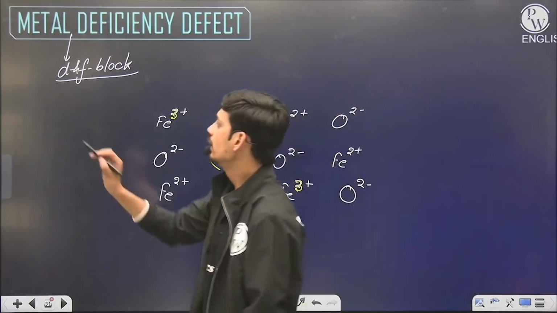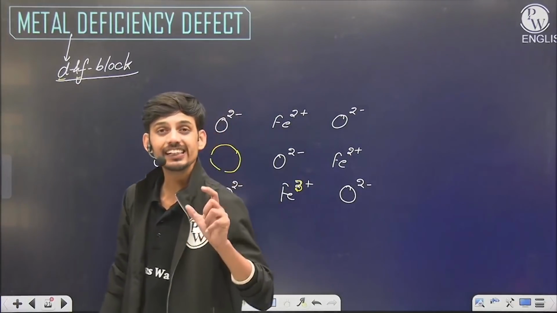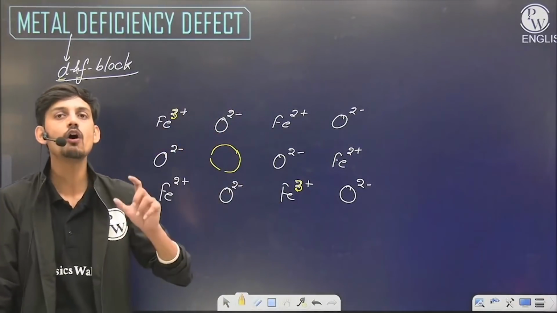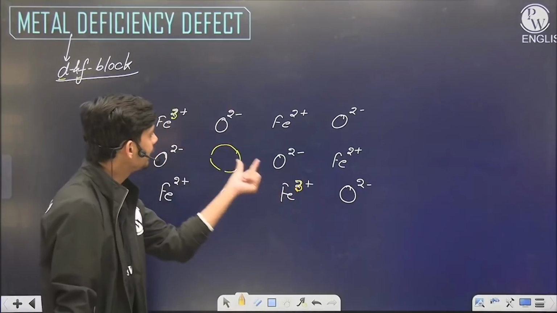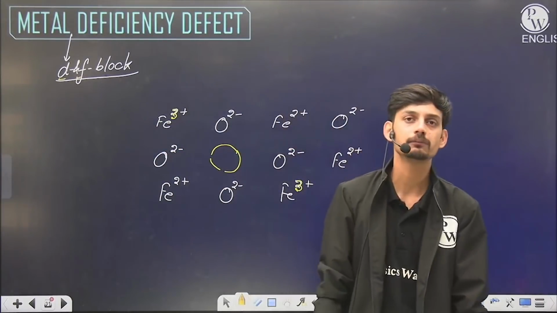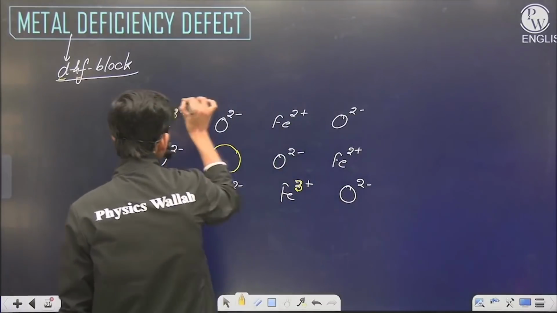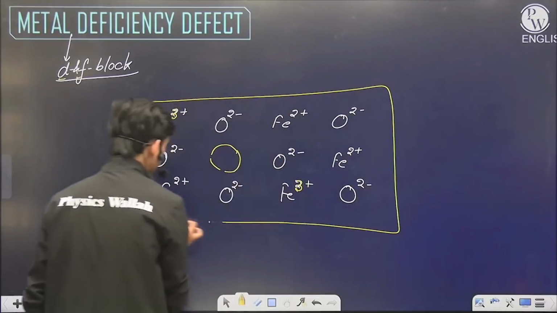That's why I said metals of D and F block usually show this defect, because these metals can show variable oxidation states, and without variability in oxidation state, this defect would not be possible. And now this lattice has metal in less amount.